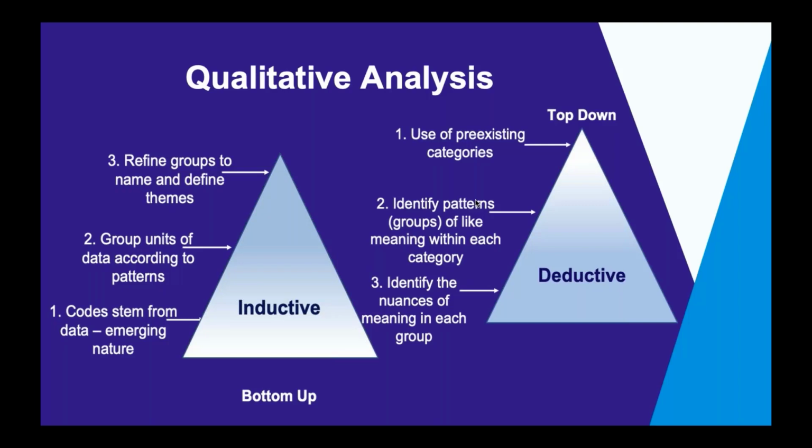And then the third step is identifying the nuances of meaning in each group. So if you're thinking about inductive, we start with the little parts and move up to the bigger parts, the themes. In the top-down process, we start with the big parts, the categories, and we go downwards to understand the patterns within and the nuances of meaning within those categories. Okay?